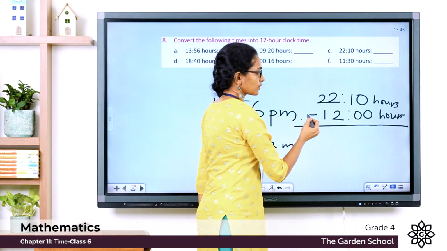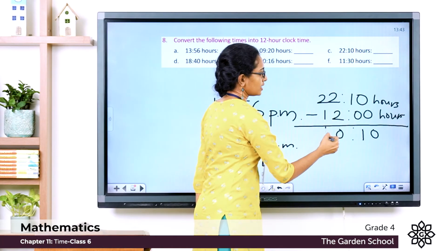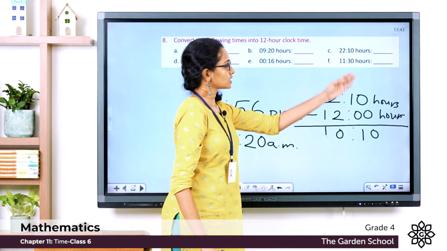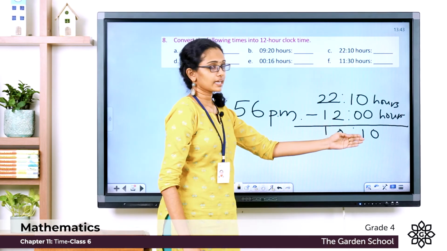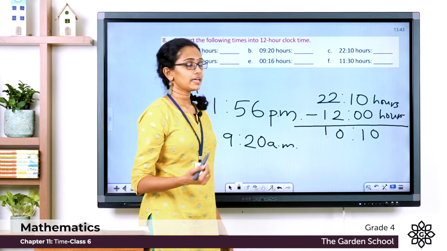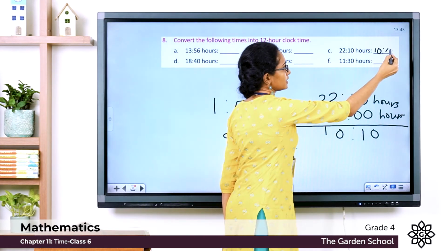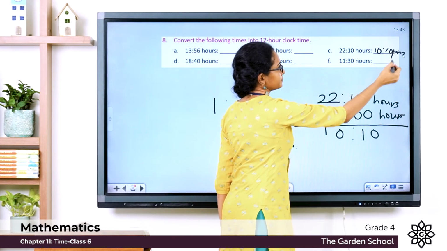So that will be equal to 0, 1 and 0, 1. So this is equal to 10:10, and since it is in the night time, you have to use PM here. So 22:10 will be equal to 10:10 PM.